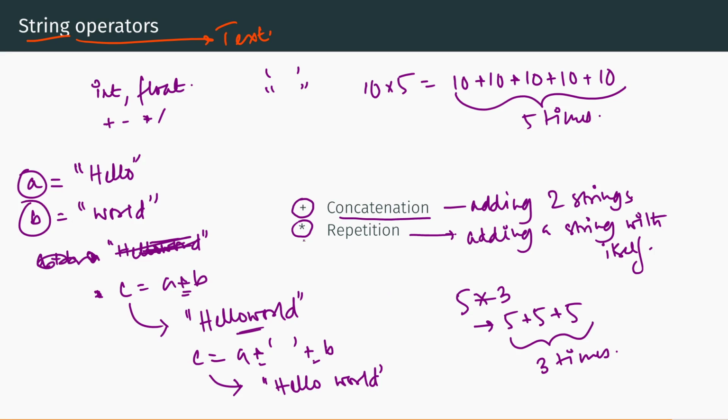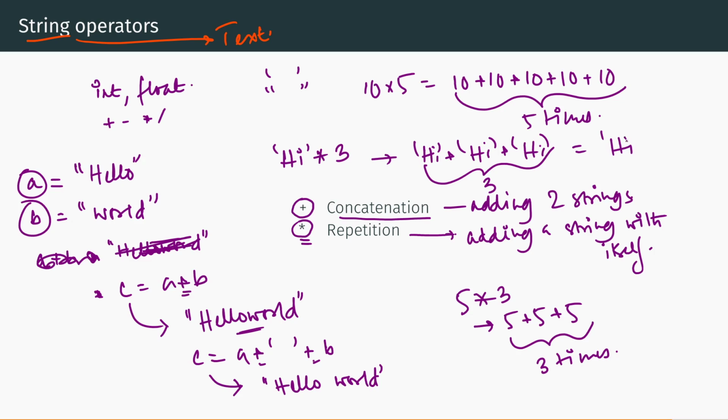String repetition works in the same way. Let's say you have a string hi. If you say hi times 3, this will give you essentially hi plus hi plus hi, 3 times, which is equal to this. So that's how string repetition works.